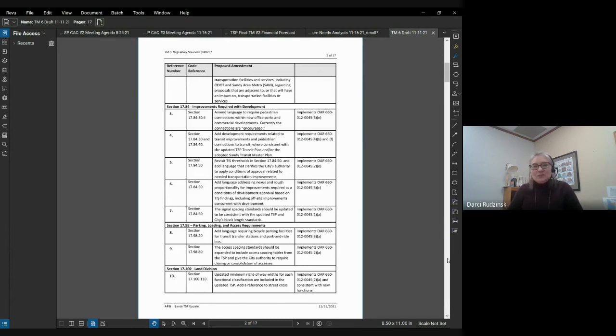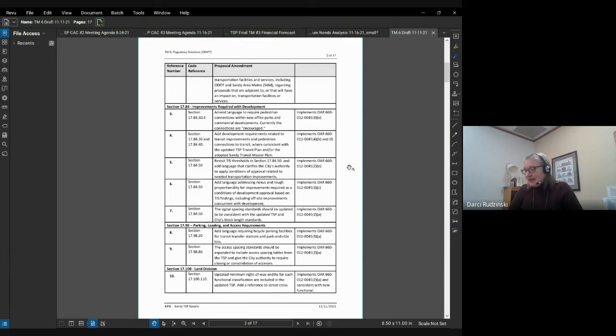What we want to see is requirements related to future development also implementing the transit master plan related to stops, for example, and make that connection stronger. So if you are developing in the vicinity of or right next to a planned transit stop, you as a developer know that you are going to be required to provide that landing pad, that stop, etc. To the extent we can make that really strong, the city has better leverage to get that improvement associated with the proposed development.